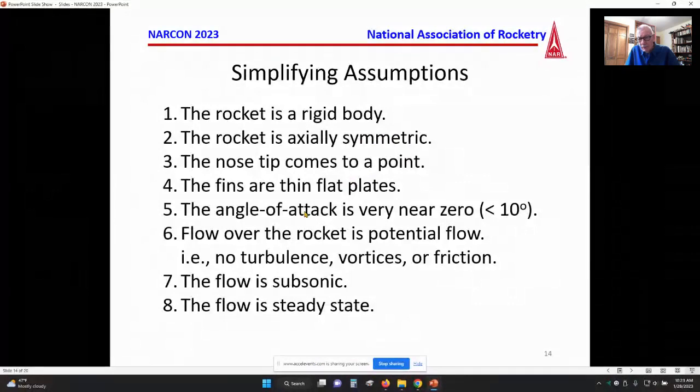Fortunately, a good stable rocket will stay within that boundary adequately, and so we've been very successful in flying without any problem.